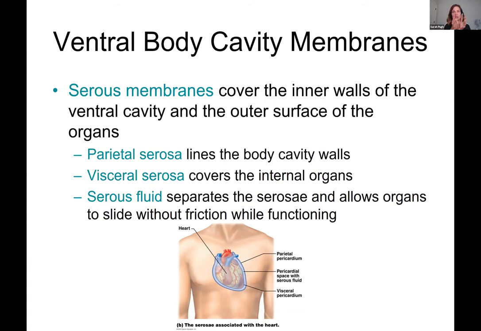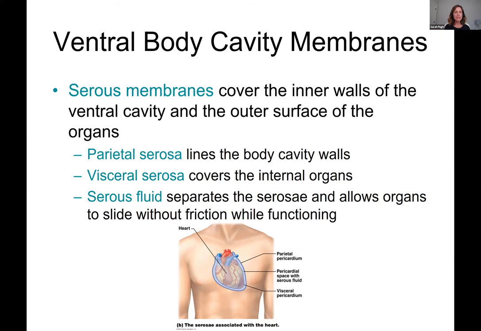All the organs are squished together as tight as they can be. And so it's really important that those organs are covered with serous membranes because as your organs move, right, think about it. Your heart is beating, it's moving. Your lungs are moving every time you breathe in and out. Your intestines, your stomach, they're all moving. So as all those organs move, the serous membranes make sure that you don't have friction being created.